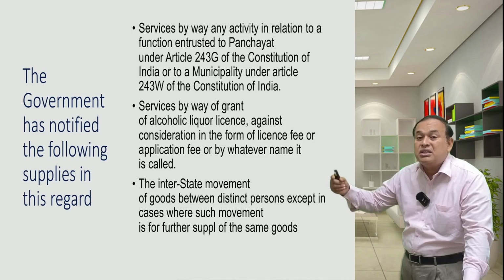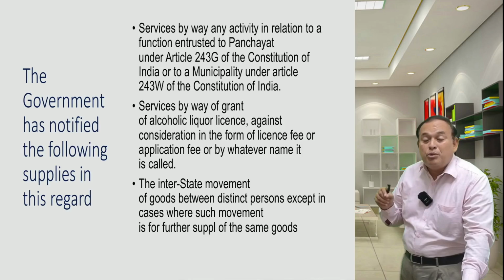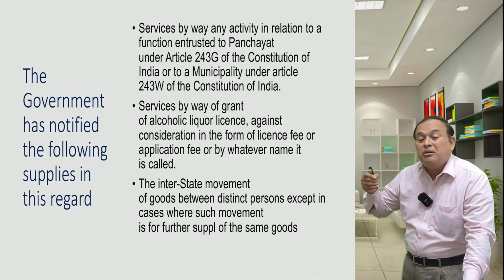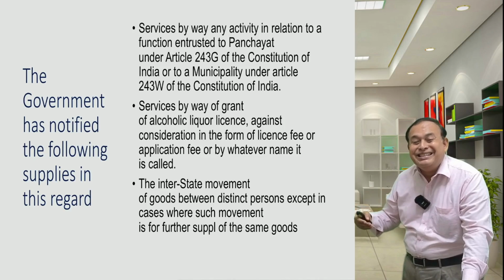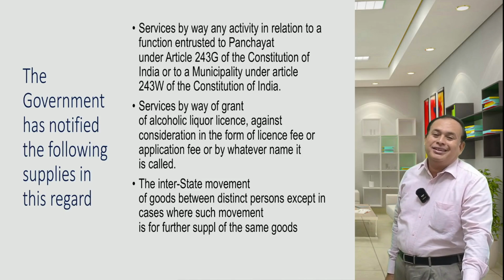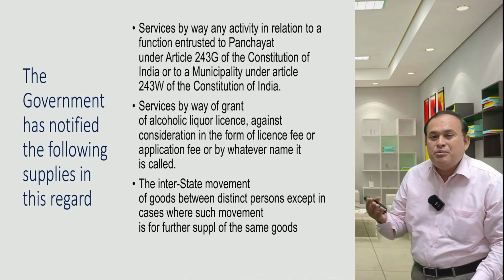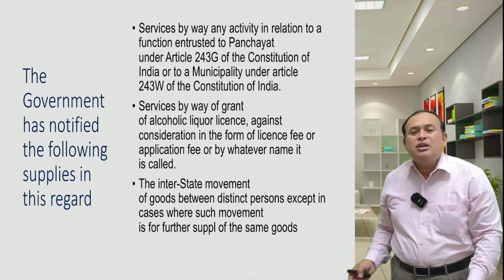After delivering the goods, the vehicle will come back to the head office. In that case, the movement of the goods is a supply of goods. The vehicle is also moving between distinct persons at interstate level. Is that vehicle also a supply of goods? No, it is not a supply of goods. There is a CBIC circular also. Supply excludes.